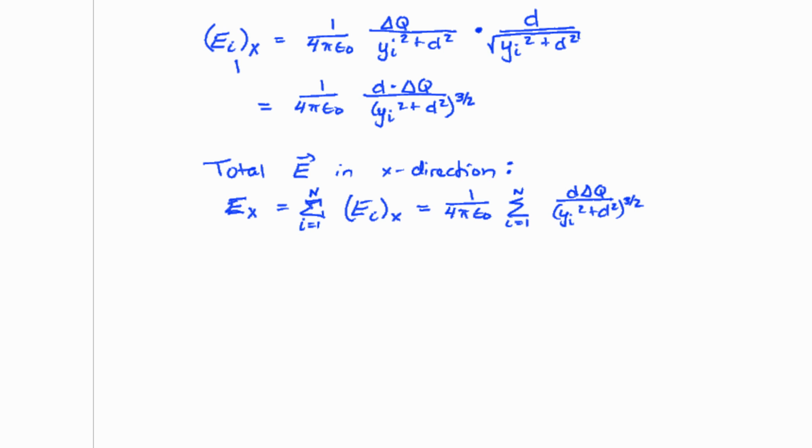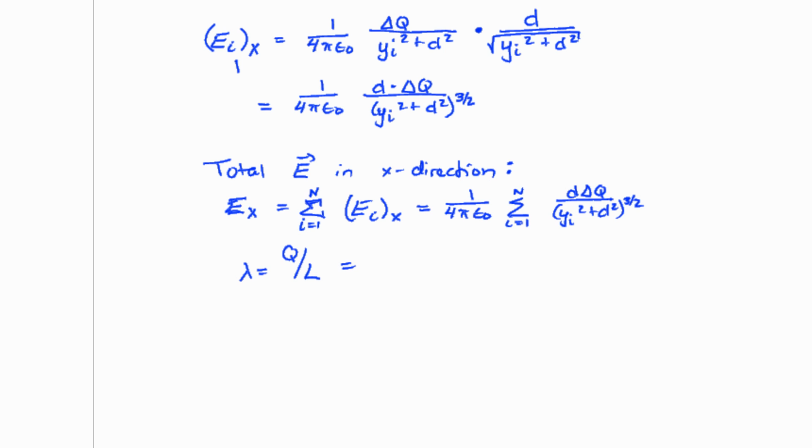But before we can do that, we need to take this delta Q that we've got and express it in a slightly different way. The way we'll go about doing this is by utilizing the fact that our charge density on our line of charge is equal to the charge over L, which is something I gave you in the beginning.